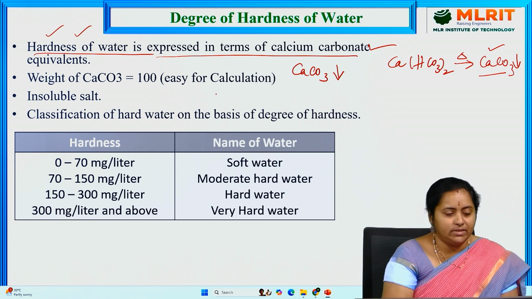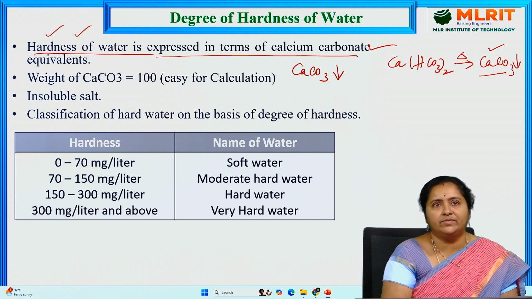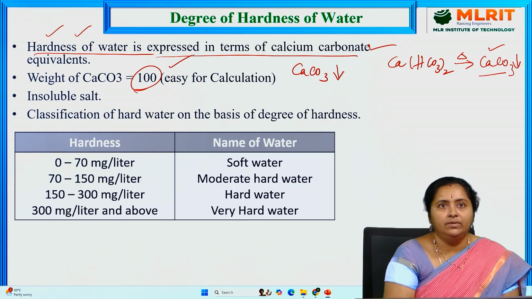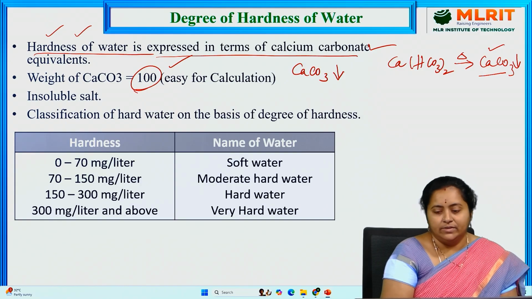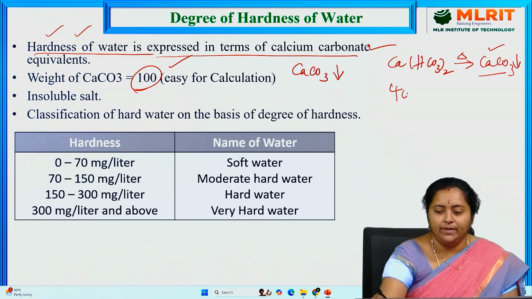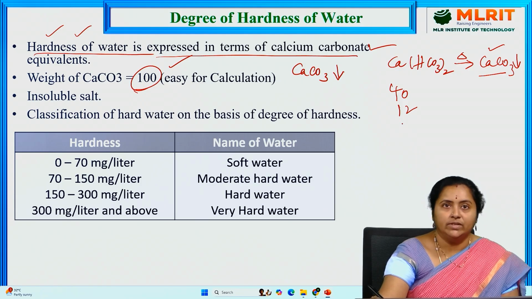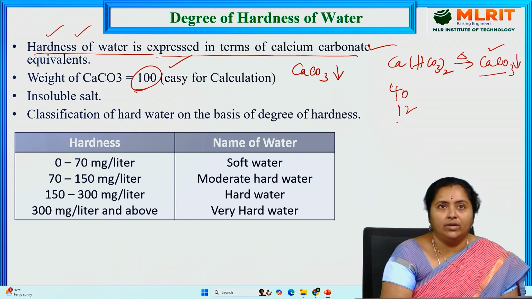If you notice, the gram molecular weight of CaCO3 is equal to 100 grams. If you calculate the calcium carbonate molecular weight, calcium atomic weight is 40, carbon 12, so it is 52, and then oxygen 16 threes, so altogether it will come to 100. So the gram molecular weight of calcium carbonate is equal to 100.